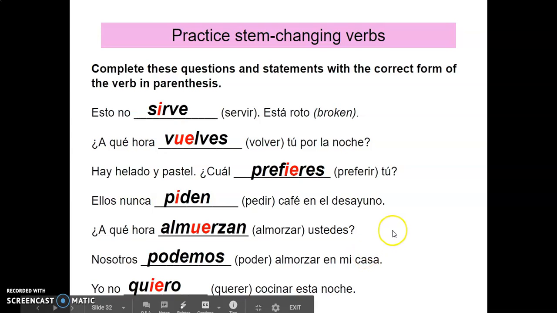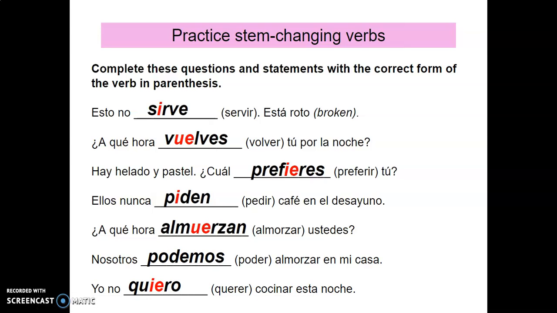Almorzar, to have lunch. I can say yo como el almuerzo, or I can say yo almuerzo a las 12, right? I have lunch or I eat lunch. And then cena, la cena is dinner, right? So I could say yo como la cena or simply yo ceno, okay?